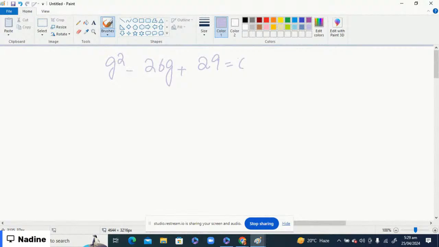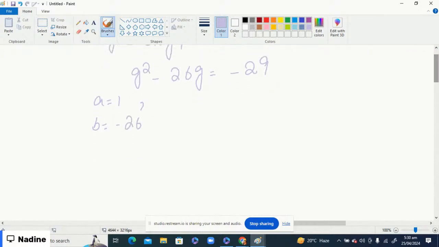Okay, so what we do, first of all, we make the left side of the equation look like x square plus bx. So this is x square, this is bx. Okay, so we make it x square plus bx, which is equals to minus 29. What is a here? That is 1. What is b here? That is minus 26. Which step are we going to take now? We are going to make b by 2 whole square.